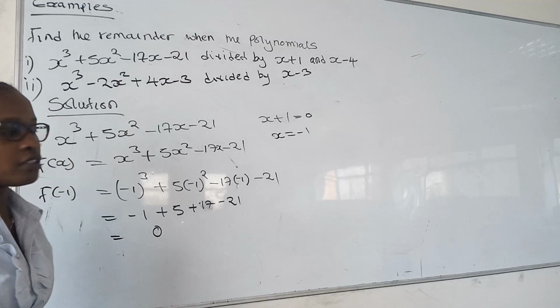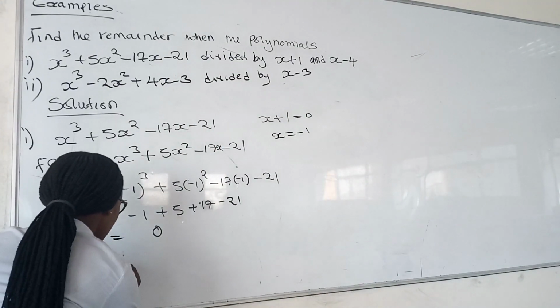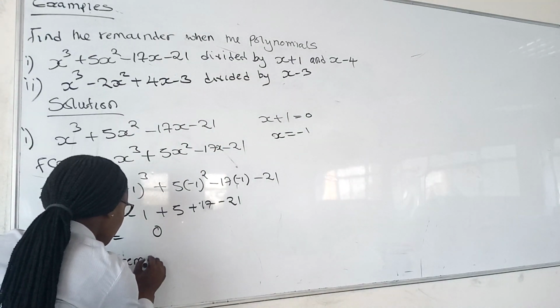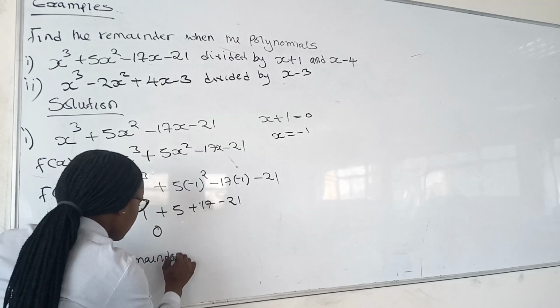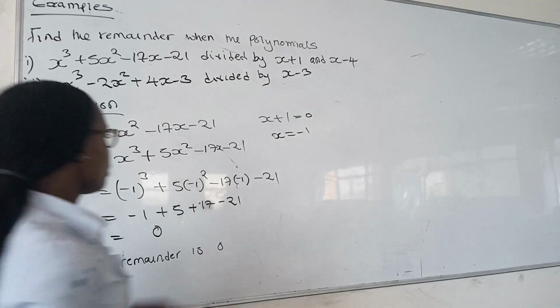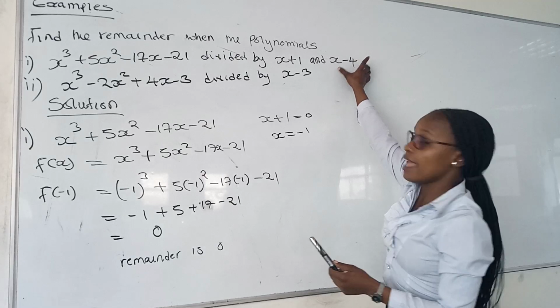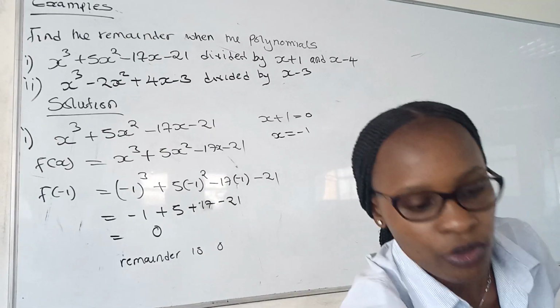And from the first part of the question, we can conclude that the remainder is 0. Okay, fine. So since we've solved this one, we're also going to use the x minus 4 now.